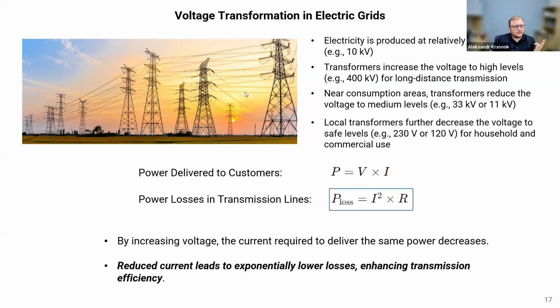You need all these high level, high altitude lines, and so on. So still, all these factors will be cheaper and more efficient than just transferring electricity at the low voltage level. Yeah, so reduced currents lead to much lower losses, enhancing transmission efficiency.